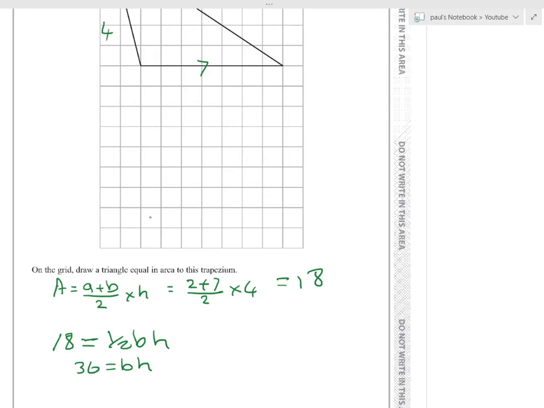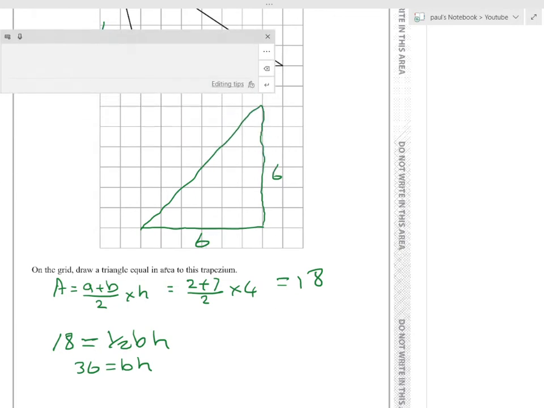Yeah, let's do a base of 6 and a height of 6. Half base times height, which is 3 times 6, which is 18. Good.